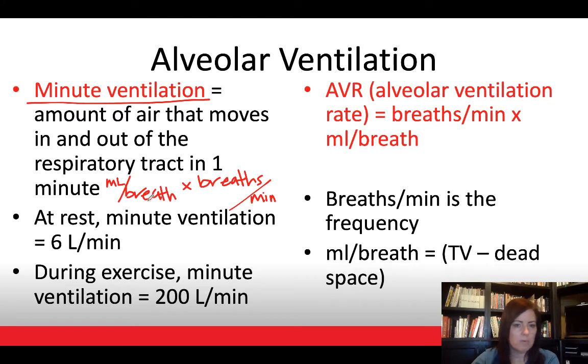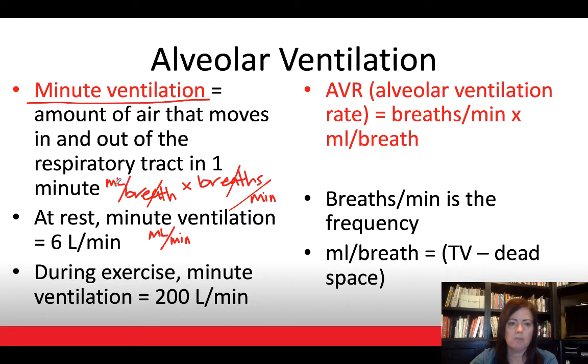And so what's going to happen with this is that our breaths are going to cancel out, and we're going to be left with milliliters per minute, or we could then just change that to liters per minute. However you want to look at it is fine.